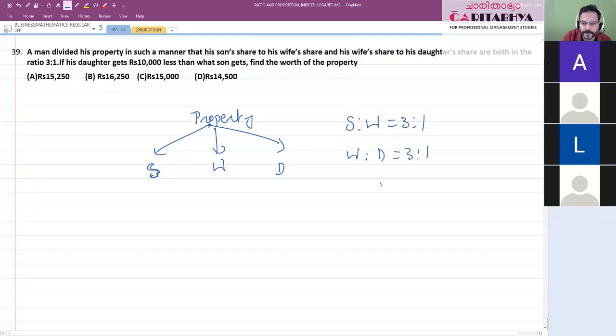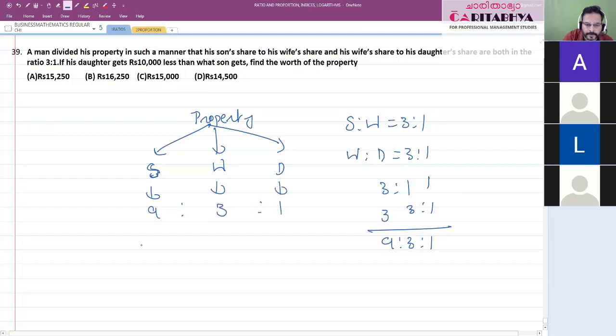That means 3:1, 3:1, so continuous ratio will be 9:3:1. Okay, that means 9x, 3x, 1x or x.